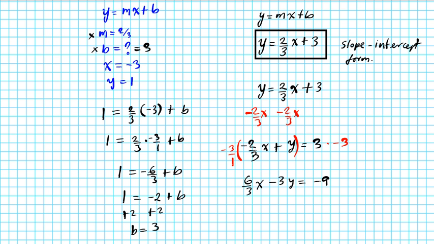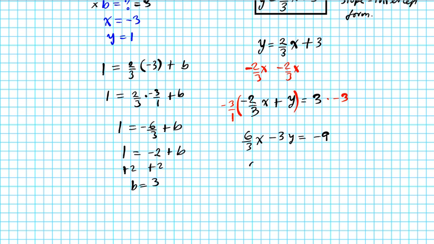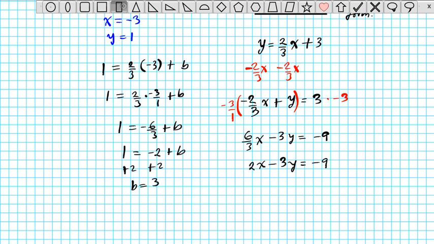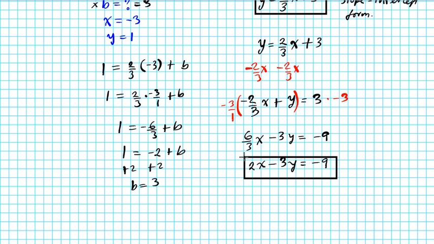And then when you simplify it, you're going to have 2x minus 3y equals negative 9. And there goes your answer in standard form.